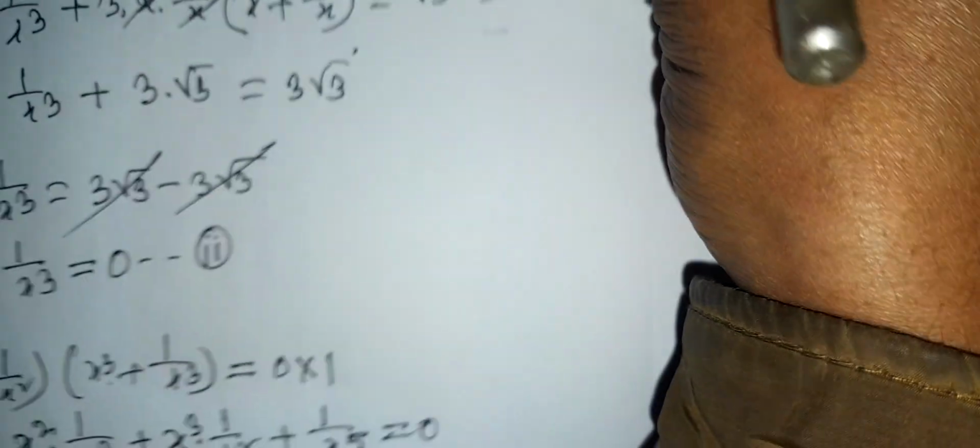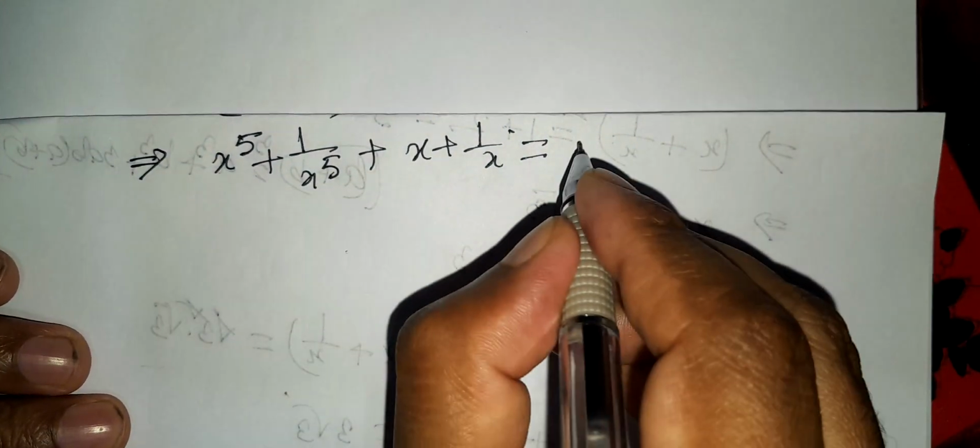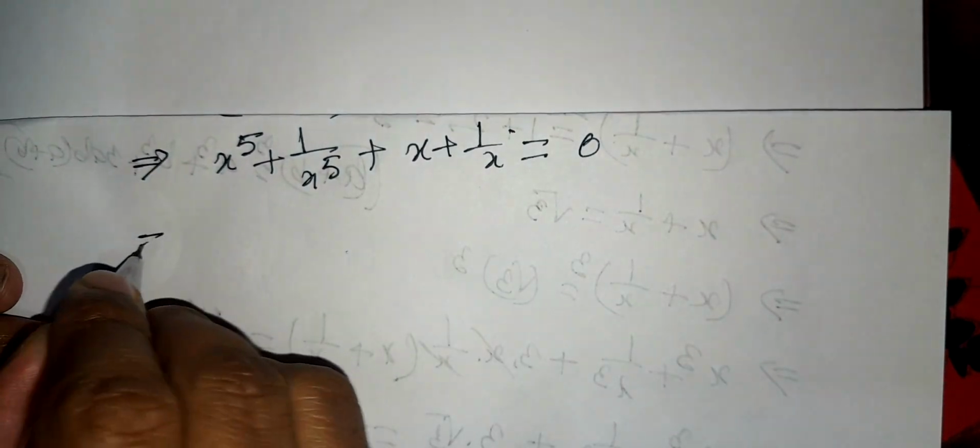We can write here x to the power 5 plus 1 by x to the power 5 plus x plus 1 by x is equal to 0.